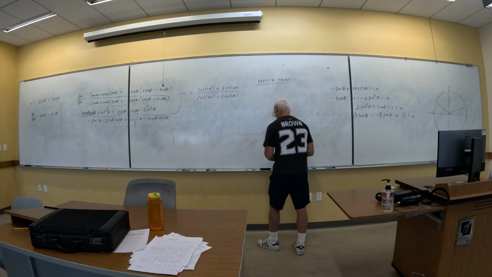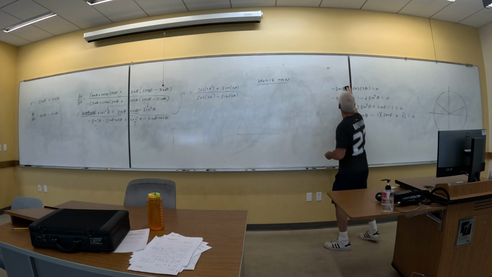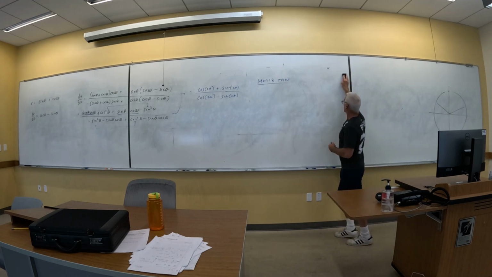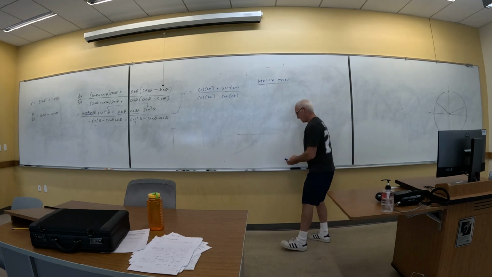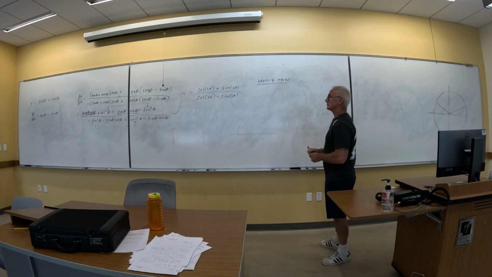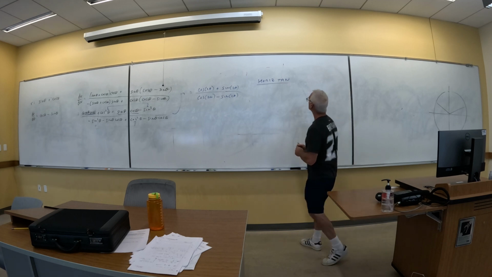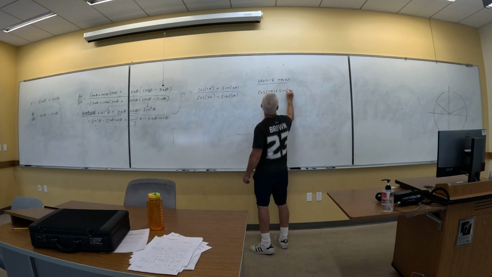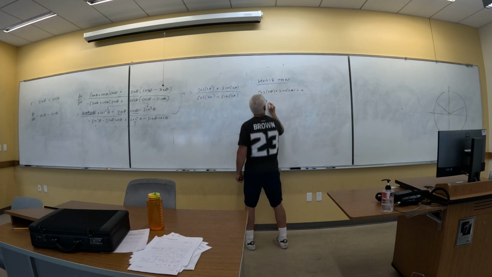Let's start with the horizontal. So I need my numerator to equal 0. Okay, so I need the cosine of 2 theta plus the sine of 2 theta equals 0.